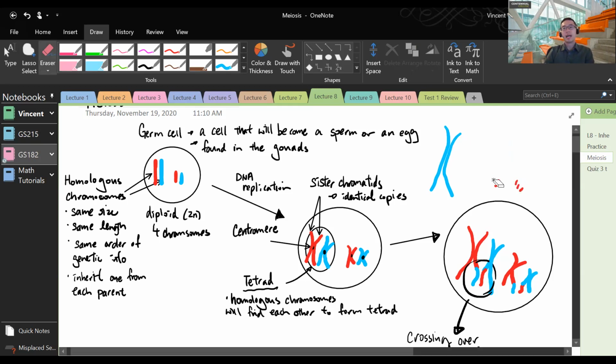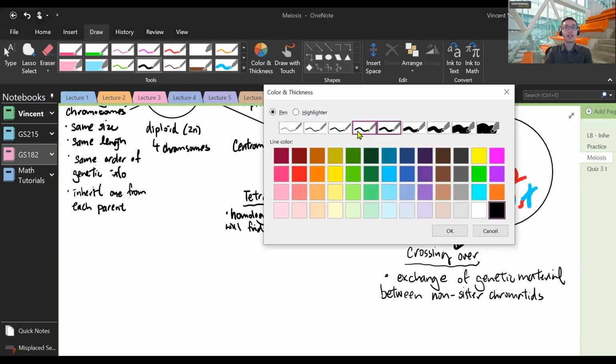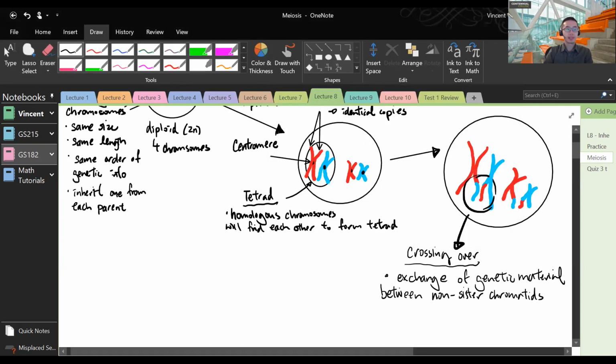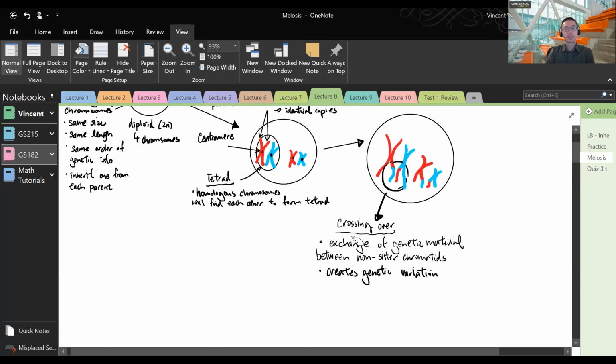And this crossing over, the purpose of it is to basically create genetic variation, which is why we do not look identical to our parents. We're not 100% identical to our parents. We look different. Everybody looks different. And part of the reason is because of this crossing over.